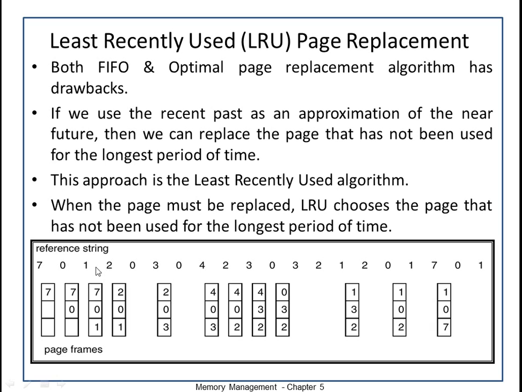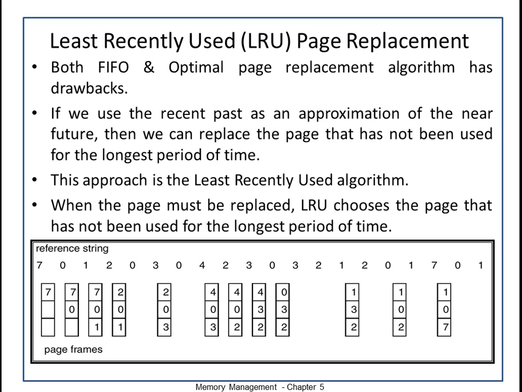For that we will see the past frame usage. We will check the page which is farthest used in the past. So page 7 is the farthest used in the past, so it will be selected for replacement, and page 2 is put at its location.